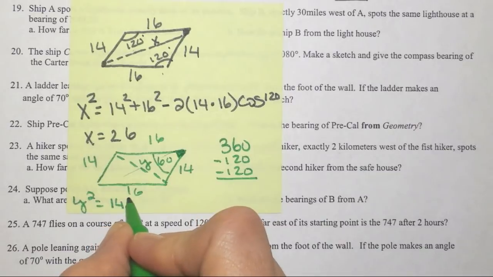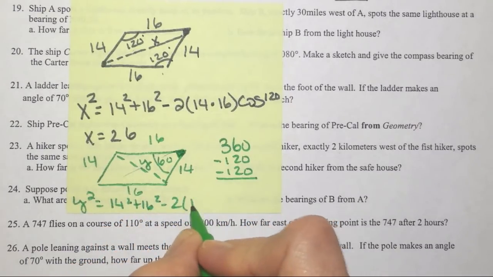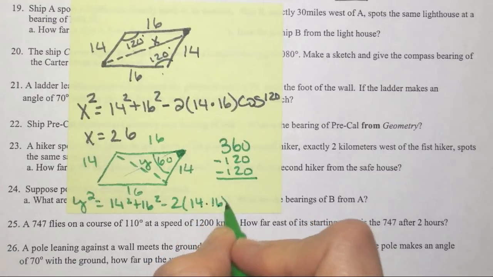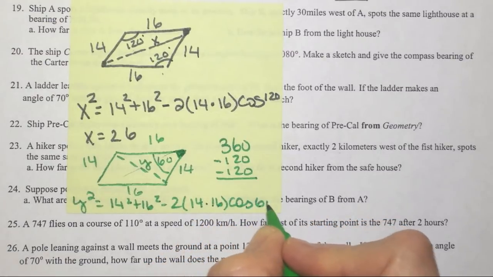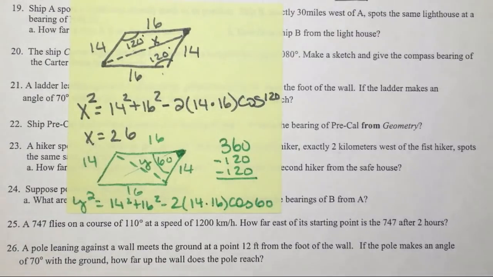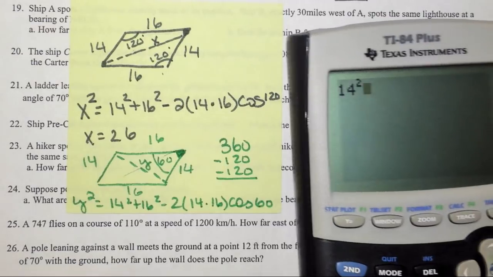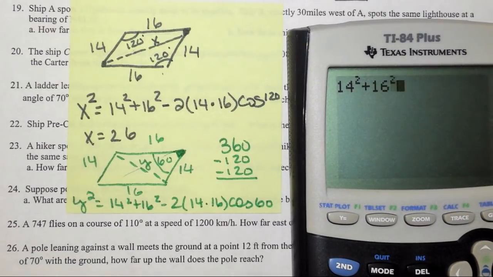So it's 14 squared plus 16 squared minus 2 times 14 times 16 times cosine of 60. It's the exact same formula we did earlier, except instead of doing 120, I'm going to do 60.